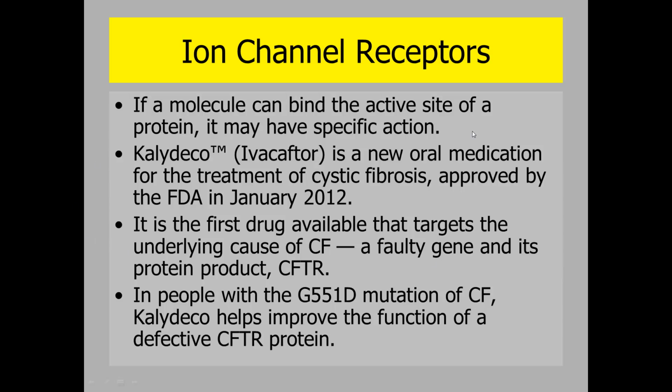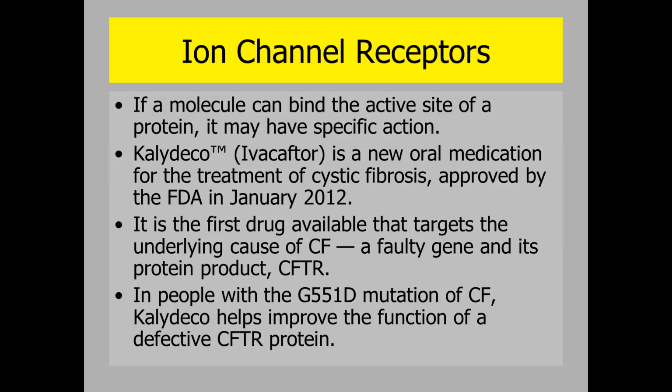Another drug that has recently been developed can bind the active site of a protein in a specific way such that it changes the activity or reactivates a particular defective protein.